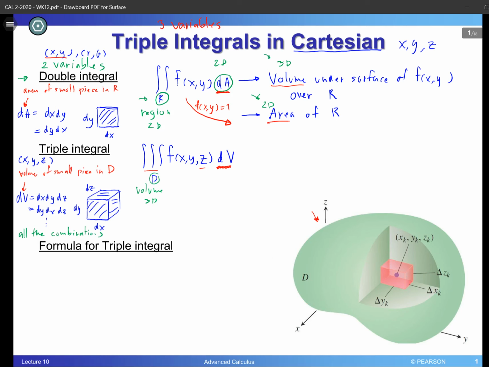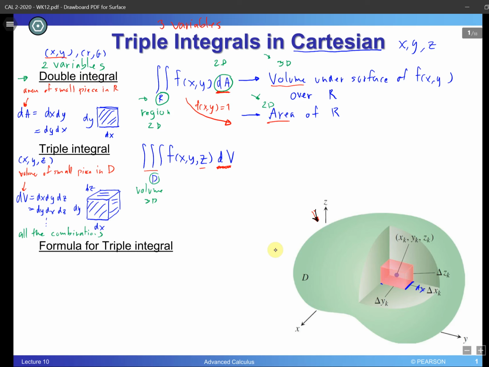So let's take a look here. Small step in x direction, it's going to be this right here. Oh, by the way, this is the whole integration domain D. The blue object, the green object right here. And then we have this small step in x direction, this is dx.